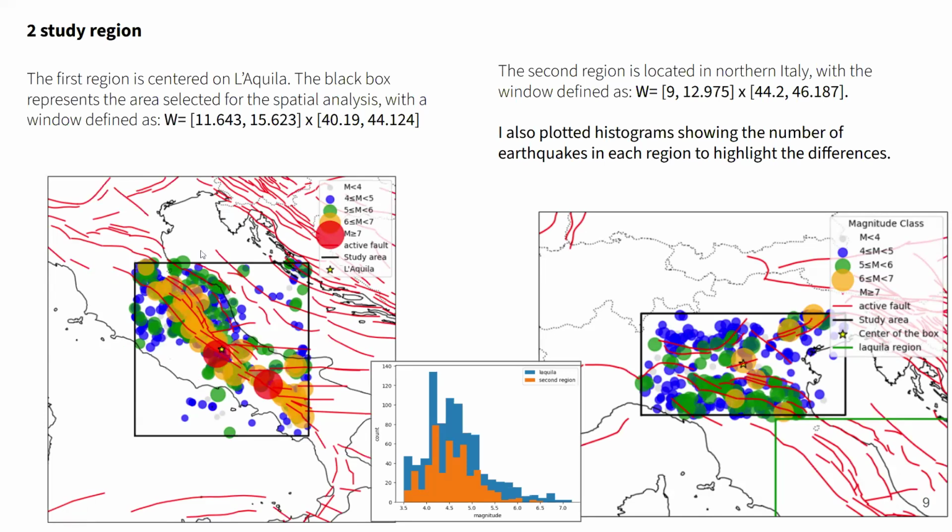So the box here is all the quakes that I will see if they are dependent between each other or not. And I decided to take another region that is a bit more homogeneous than this one, just to see if the function will change or not.